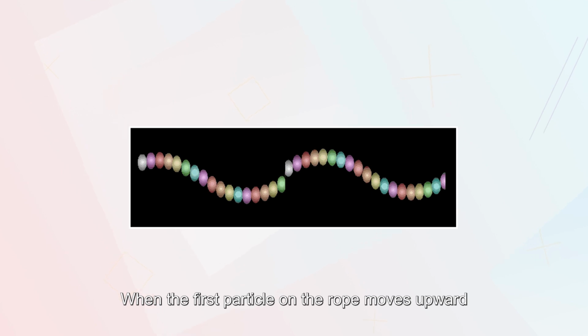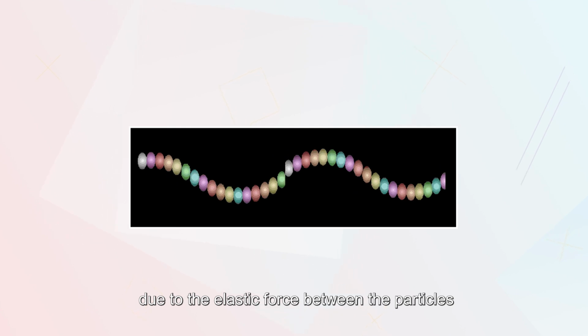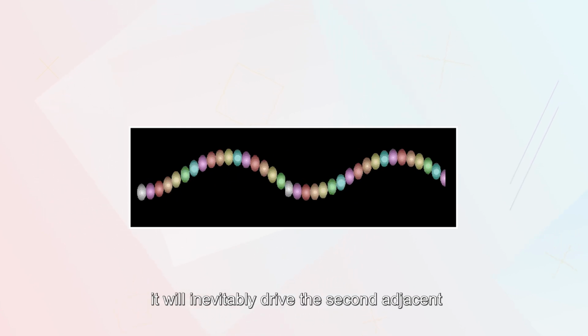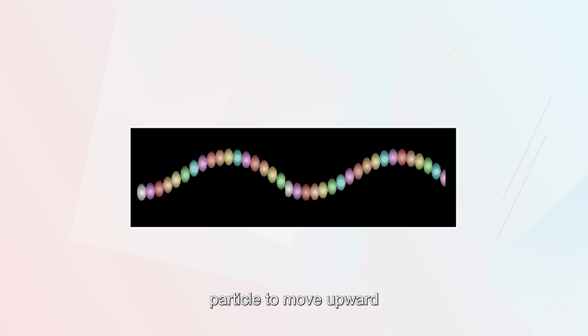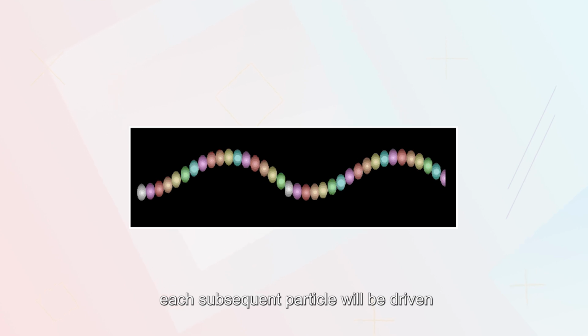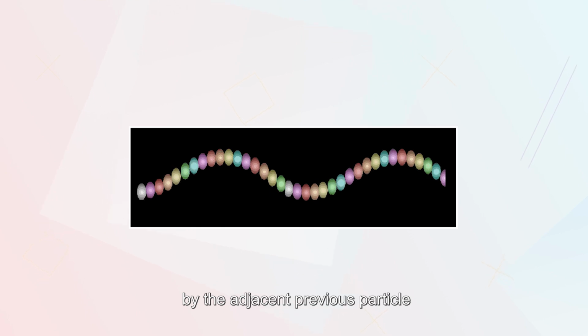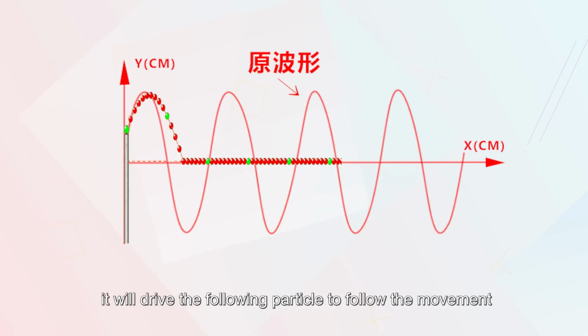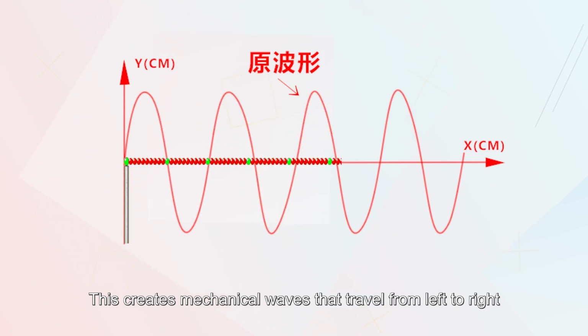When the first particle on the rope moves upward, due to the elastic force between the particles, it will inevitably drive the second adjacent particle to move upward. By analogy, each subsequent particle will be driven by the adjacent previous particle, and at the same time, it will drive the following particle to follow the movement. This creates mechanical waves that travel from left to right.